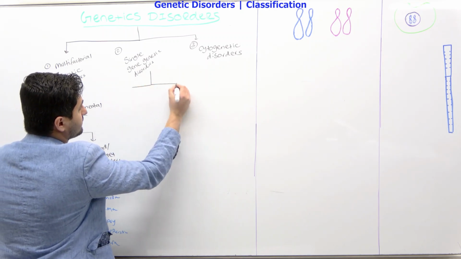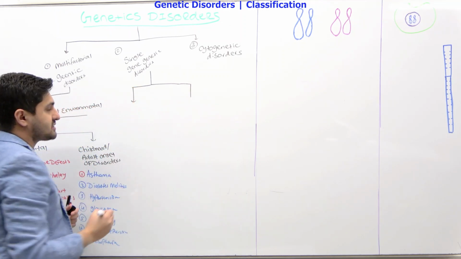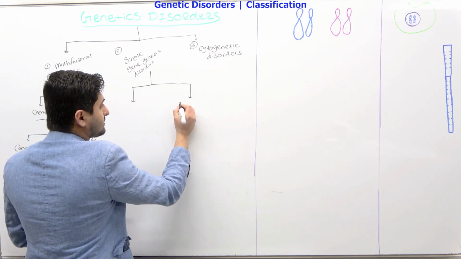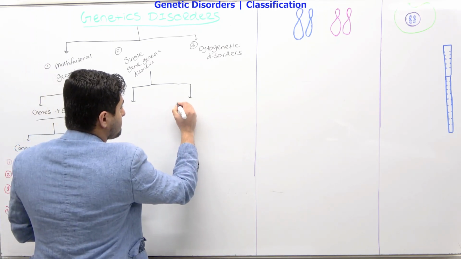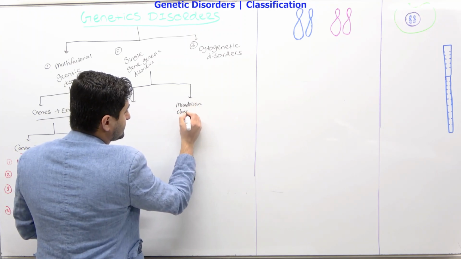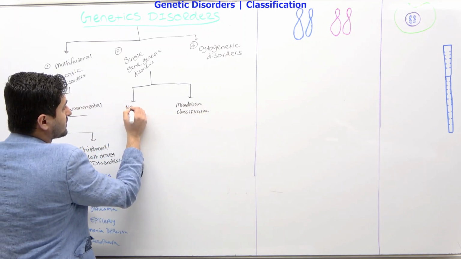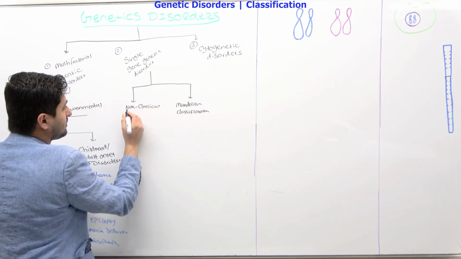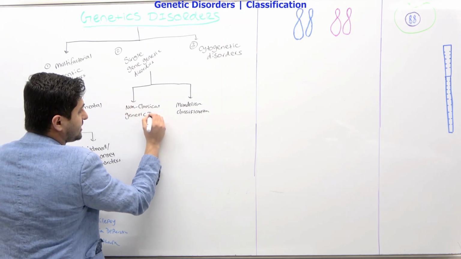One is the Mendelian classification, all right? Let's just say these are Mendelian classifications. The other one is basically non-classical single gene disorders.